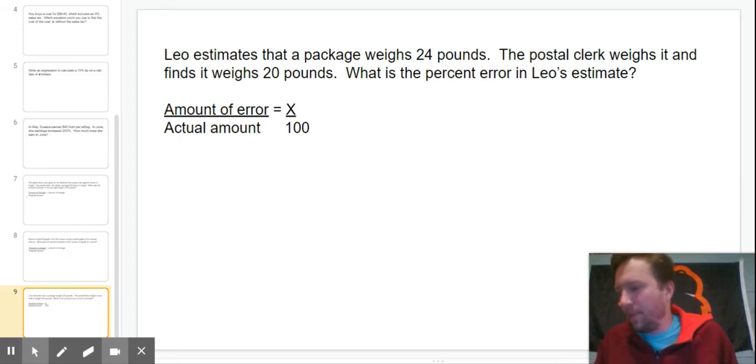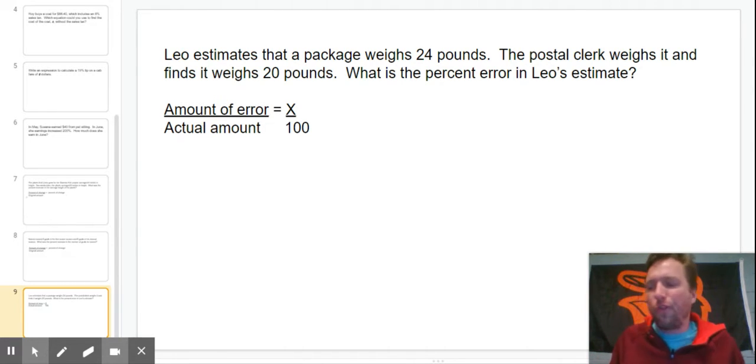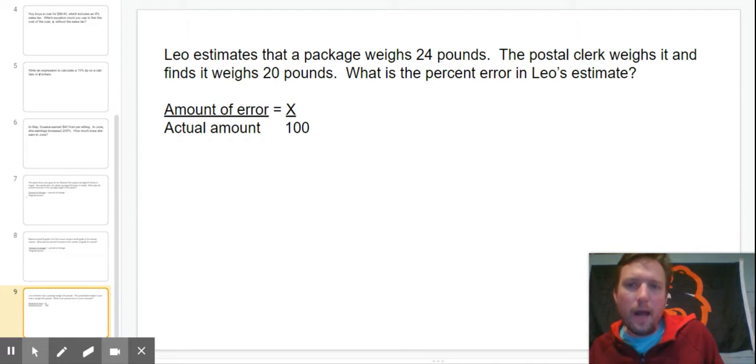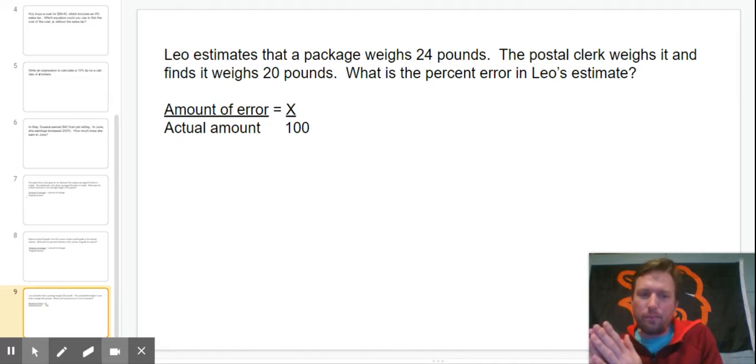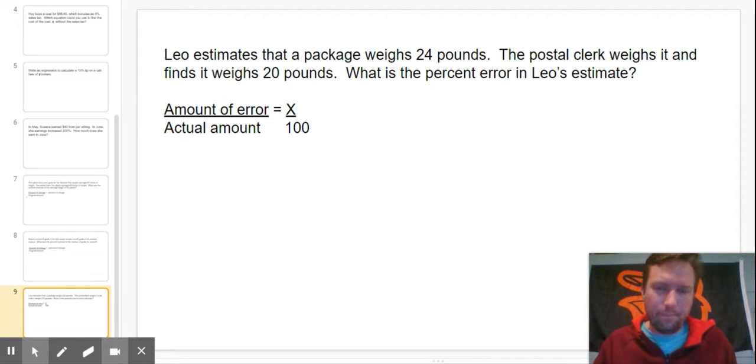There's an error. Percent error describes how far off a value may be from the actual answer. This might make more sense as we look at this problem. There are a lot of similarities between this problem and percent change, so let's check it out.